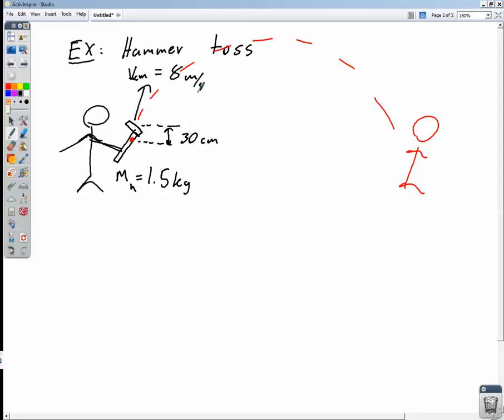The question that we can ask is, what's the net force acting on the hammer as this guy's throwing it? The next question we could ask is, what is the upward force on the hammer's center of mass?